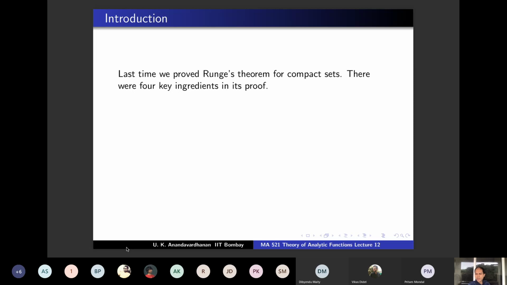And how is this pre-assignment done? You choose a set A which intersects each component of S2 minus K. In the extended complex plane, the Riemann sphere, the complement of K may have several components, and this prescribed set A should have one point from each of these components.